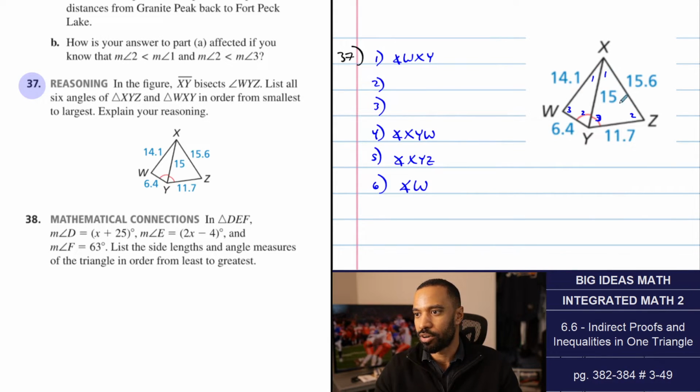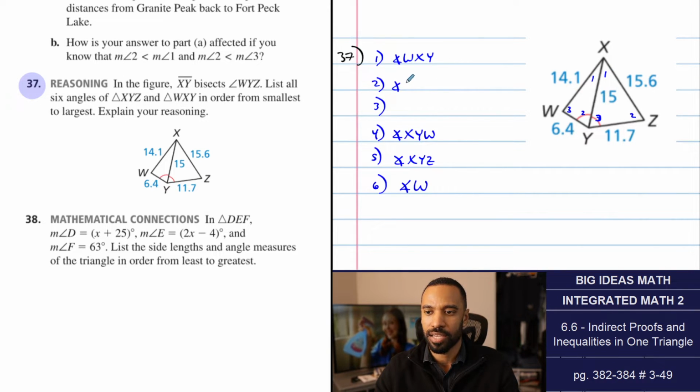And then it's just a matter of these two right here, and this one is going to be smaller than that one, which is smaller than all the rest. So clearly this one's going to be next, angle YXZ. And then this last one's going to be angle Z right there.